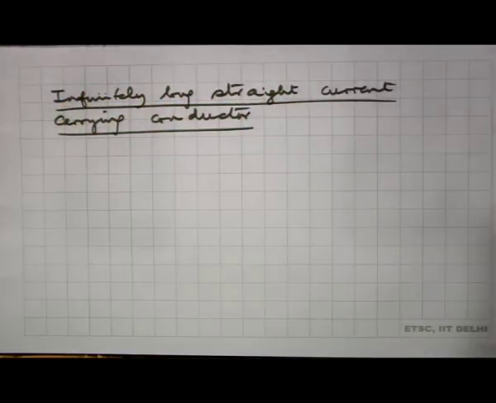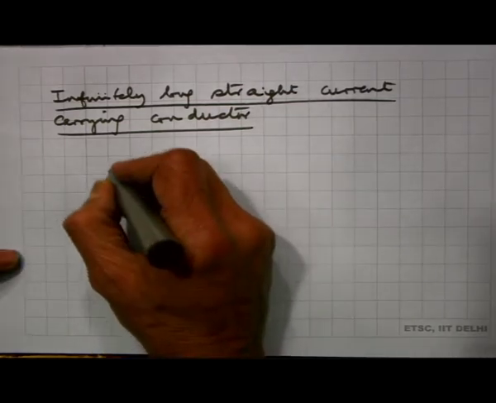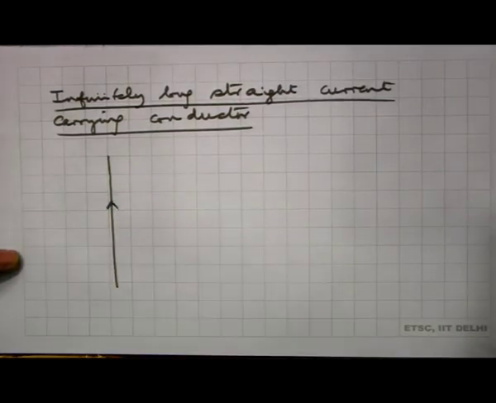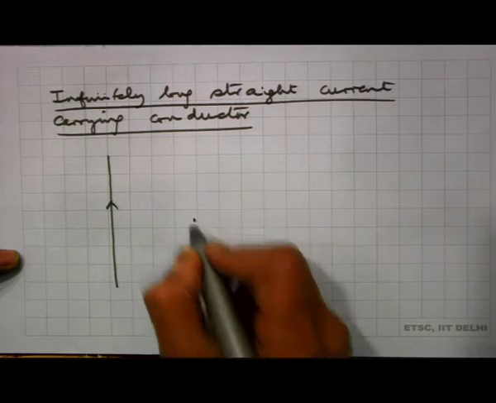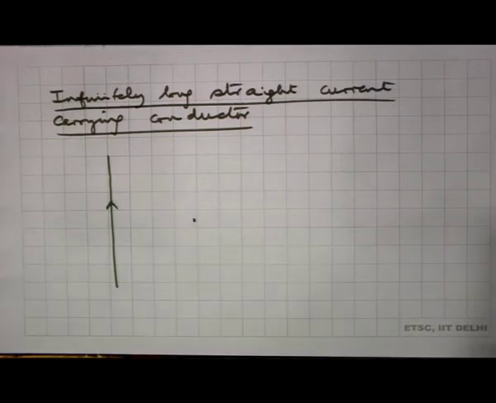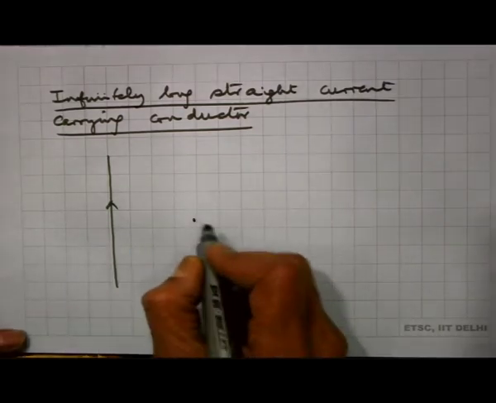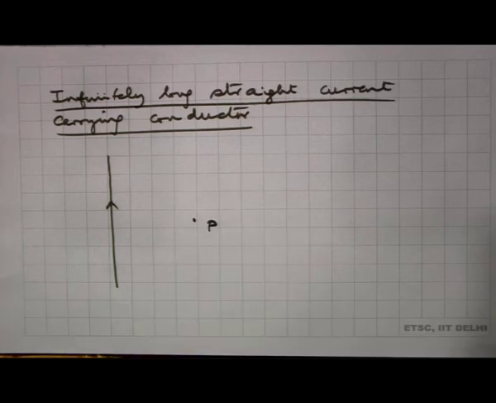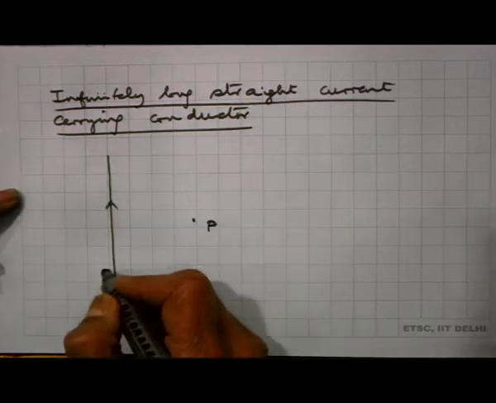I want to find the magnetic field due to an infinitely long straight current carrying conductor. So, I have a current carrying conductor like this and I want to find the magnetic field at some point P, and that is an infinitely long current carrying conductor.